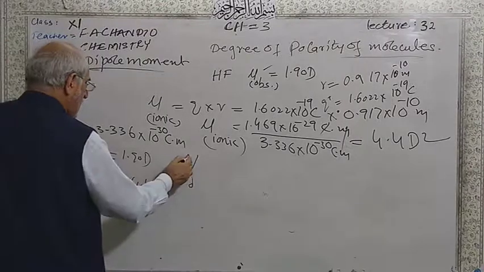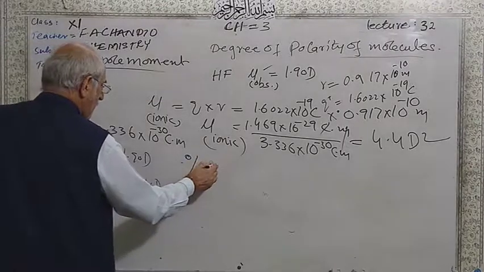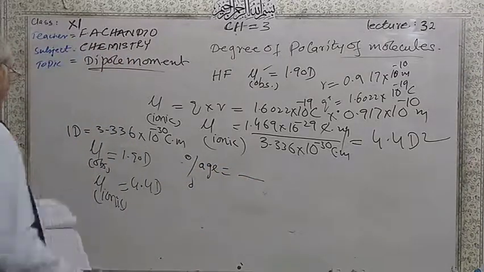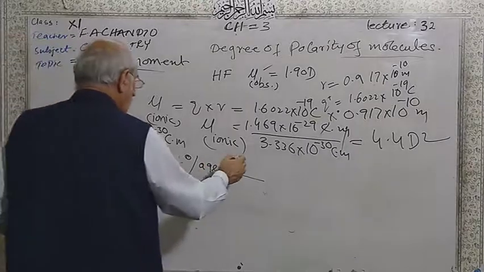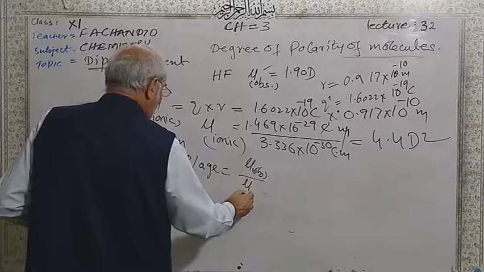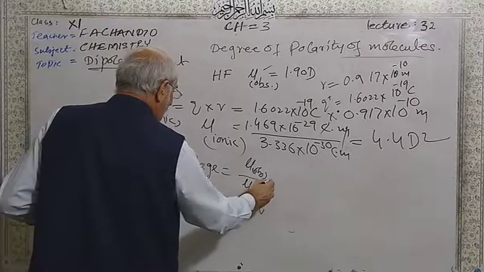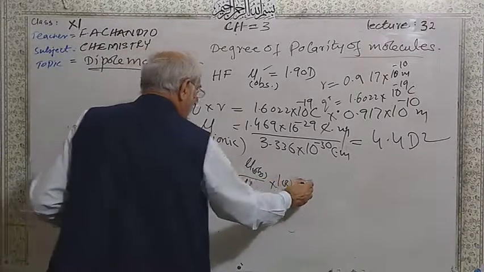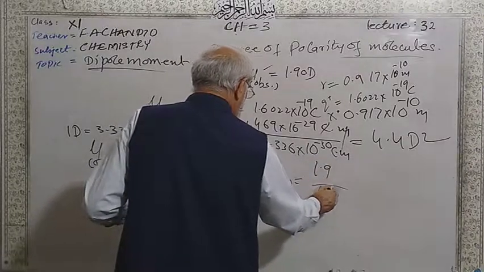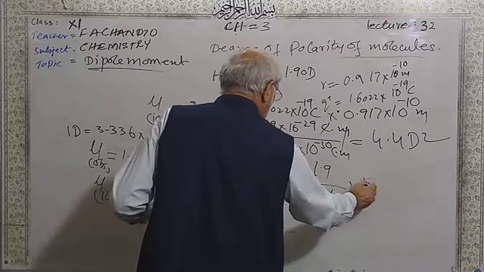So calculate the percentage of ionic character. The percentage of ionic character is the observed dipole divided by the ionic dipole multiplied by 100. The observed dipole is 1.9, the ionic dipole is 4.4, multiplied by 100.